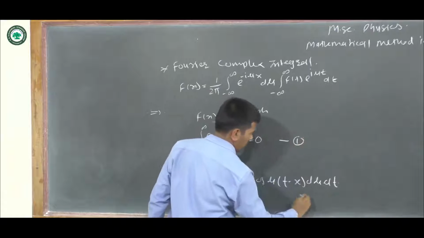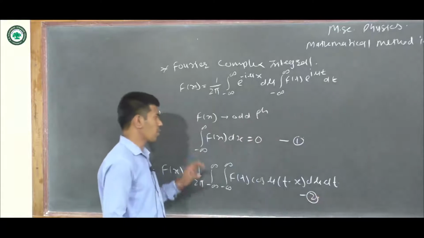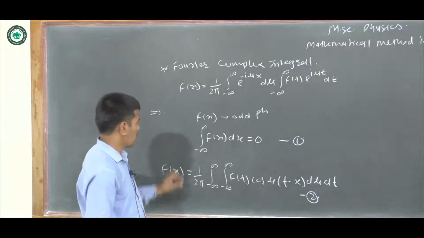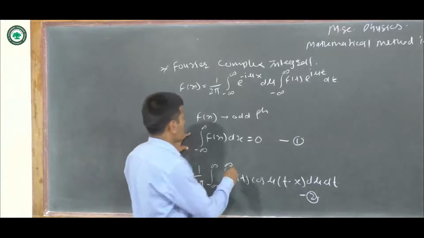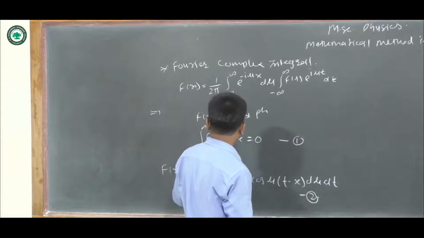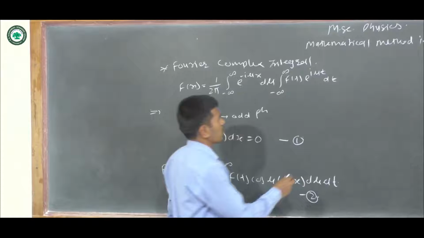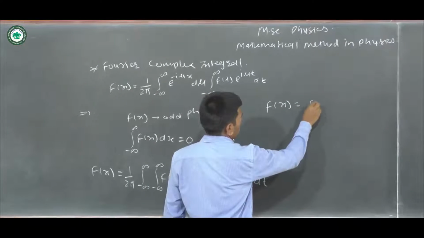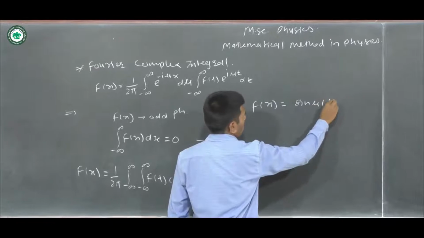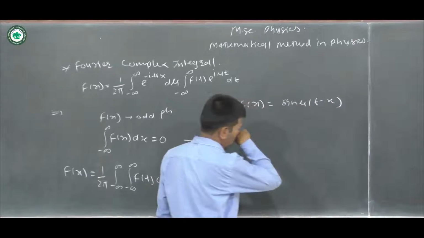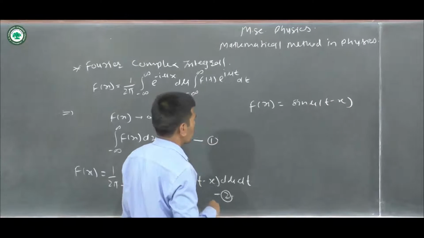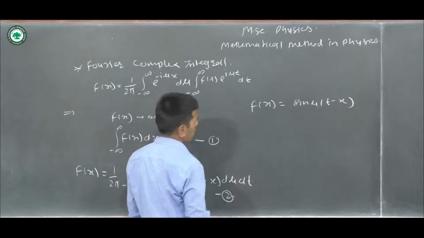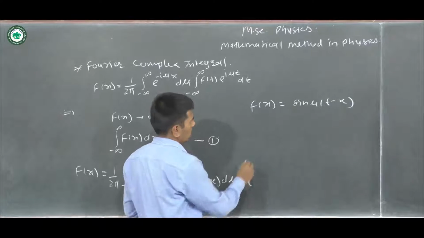This is equation 1 and this is equation 2 that we are going to use in this derivation. Here I am going to consider the function sin u(t − x). This is an odd function, and if I take the integration of this odd function, that is equal to 0.